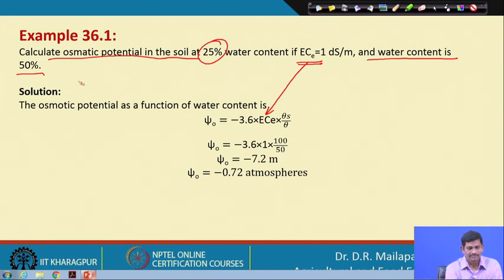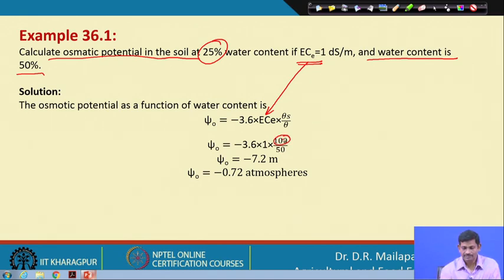Theta S is 50 and theta is 25, so 50 by 25, not 100 by 50.